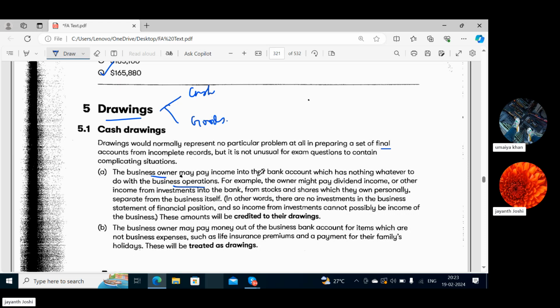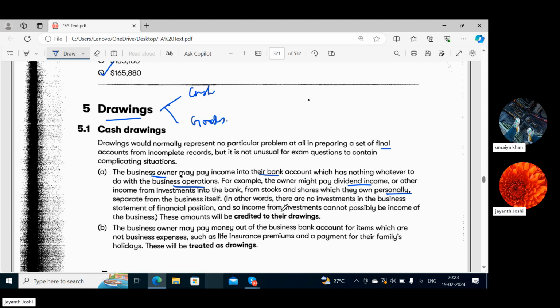Like the business owner is depositing his personal income into the business bank account. Like the owner might pay dividend income or other income from investment into the bank from stocks and shares which he owns personally. So understood, his own personal income he is putting into business.